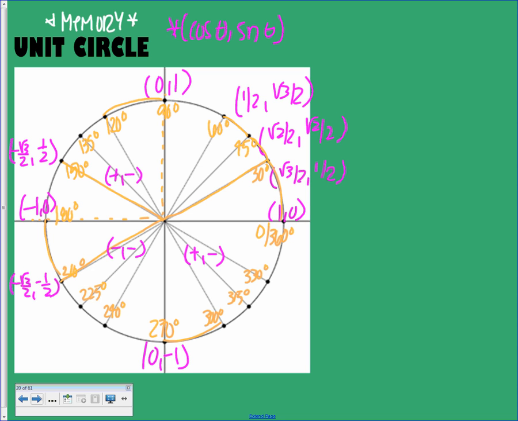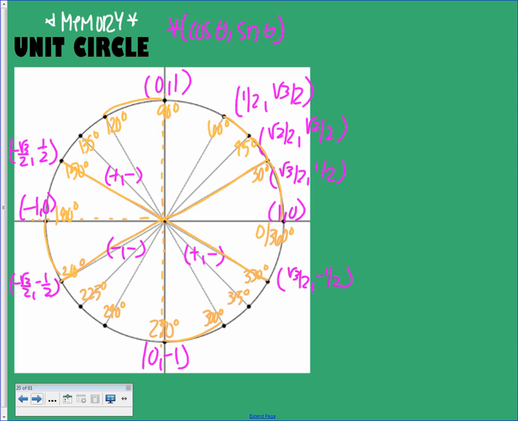If I take that 210 and reflect it, that's going to land over here on my 330, which means my ordered pair again is the same, the square root of 3 over 2, but this time my sign is negative, so it's going to be negative 1/2. So far we know 30, 150, 210, and 330 are the same. We can do that with all of these.